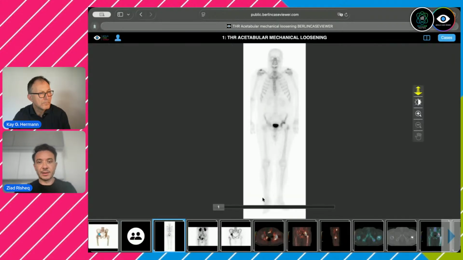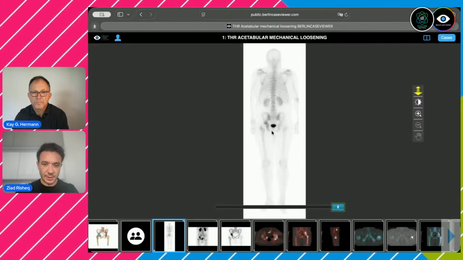Let's take a look at the planar images, because this is what every nuclear medicine physician is used to. This is the planar delayed scan. You can see there is some uptake over the acetabulum around the femoral stem. It looks normal. This is the anterior projection, and this is the posterior projection.